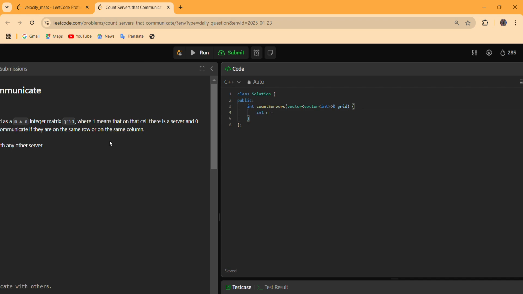we first take the rows and columns of this input matrix. Now we have to declare a vector of bool type to take care of previously visited cells of the matrix.